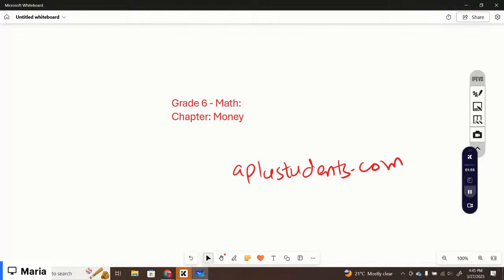Then you have to select math from the subject tab. Scroll down to grade 6 math and then click on view all lessons. There you can find a list of the chapters. We're going to start with the chapter money.